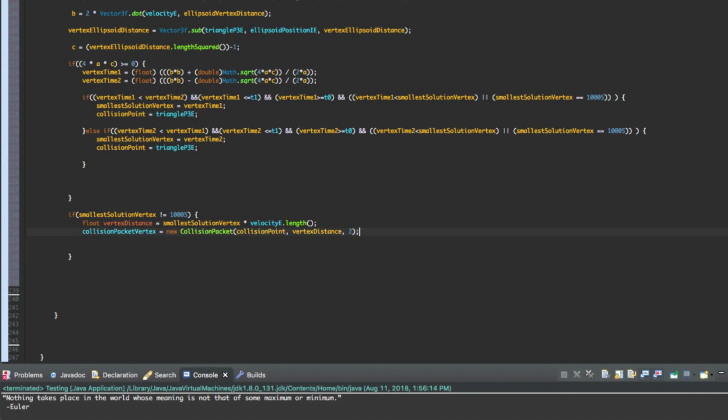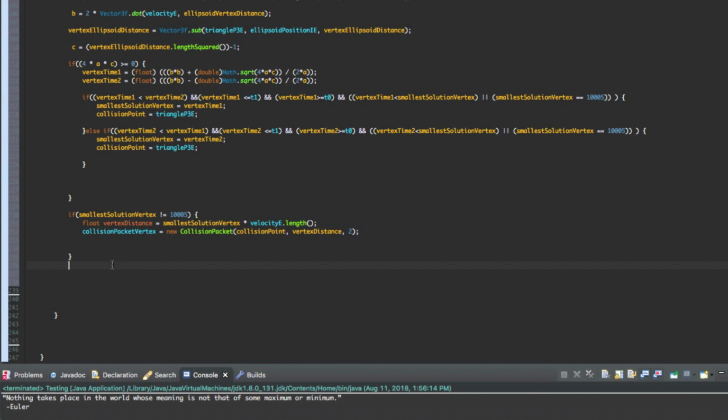And we'll feed it an integer type 2. But we don't want to return that yet because we still have to check our edges to see if there is an edge solution that is actually closer than the vertex solution.